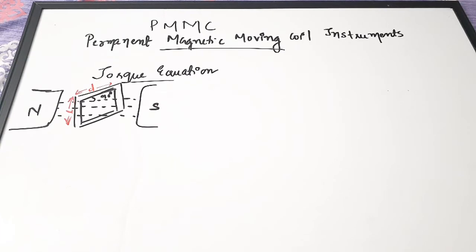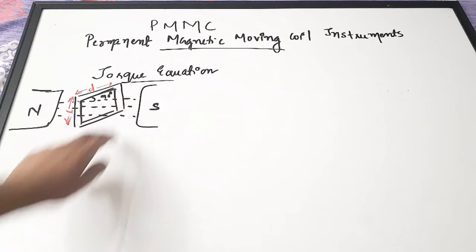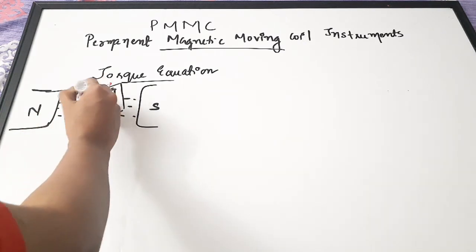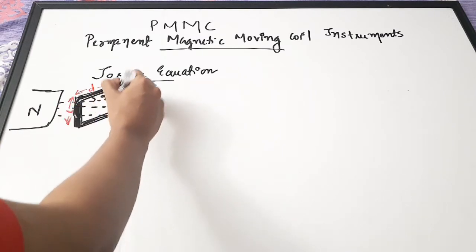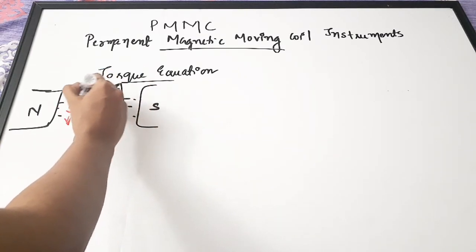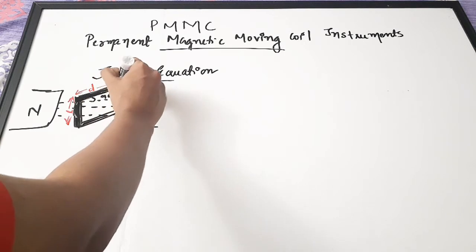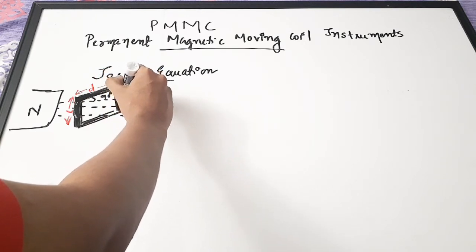So next we are going to derive the torque equation for a PMMC. Consider that this is the coil. I'll shade it with some color. This is the coil that we are placing in the magnetic field, and the coil has N number of turns.